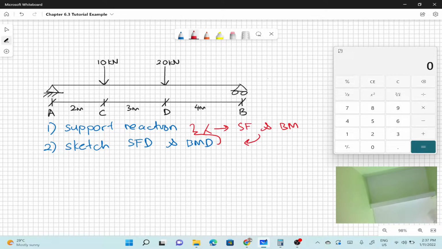Shear force, we use symbol V, and for bending moment we use the symbol M. Capital M, capital V. But we're not going to do that in this syllabus, so I'm just going to show you how from the support reaction we sketch the shear force diagram and bending moment diagram.